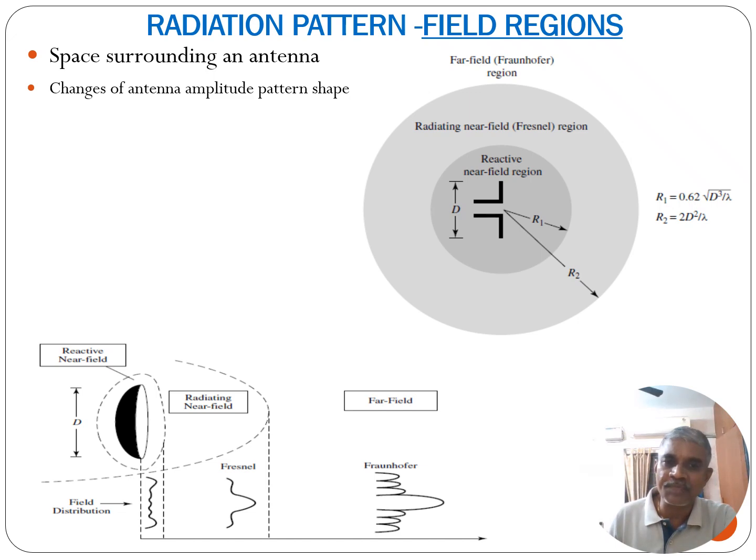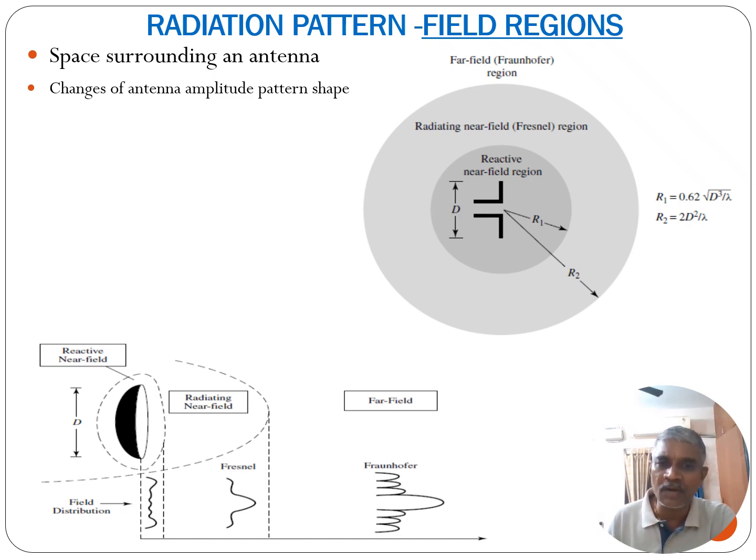Then we have the radiating near field, or Fresnel region, as well as the far field, or Fraunhofer region. Beyond the reactive near field, this can be calculated mathematically from the center position of the dipole antenna.